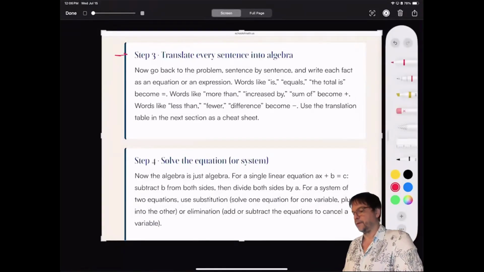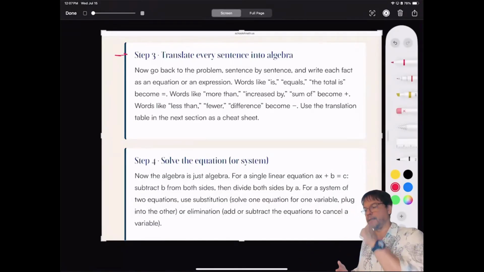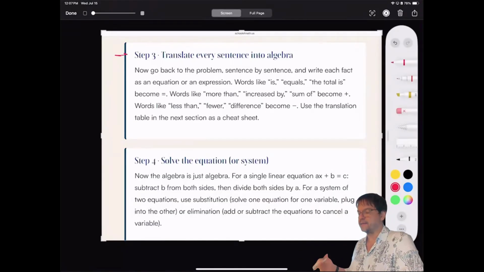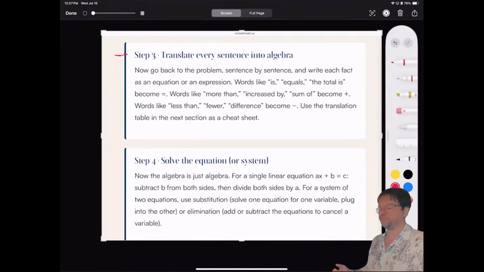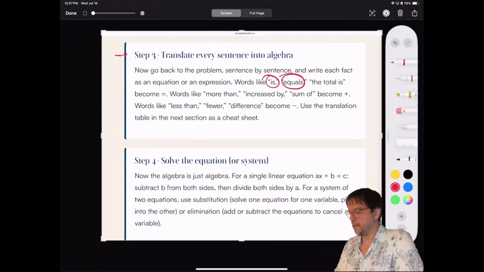Step 3. Translate every sentence into algebra. Now go back to the problem, sentence by sentence, and write each fact as an equation or an expression. Okay? Words like is, equals, the total is become this symbol.